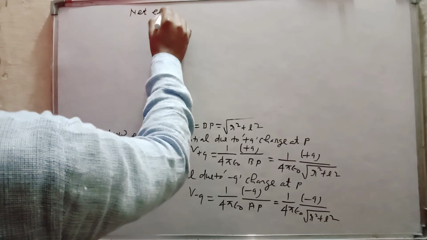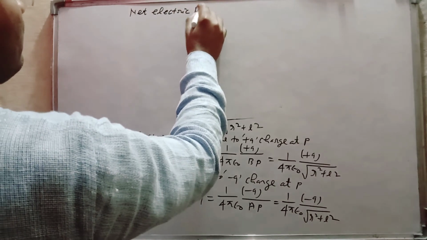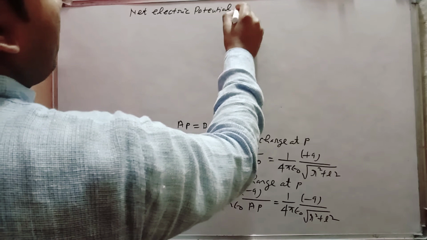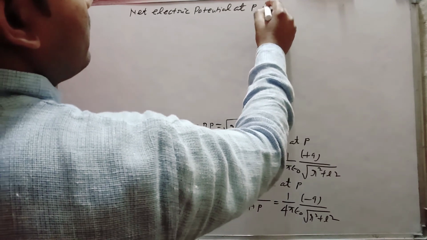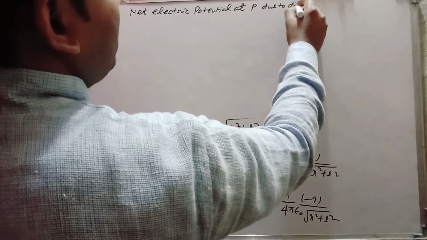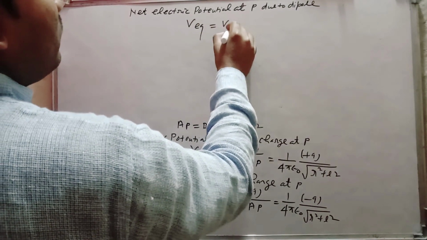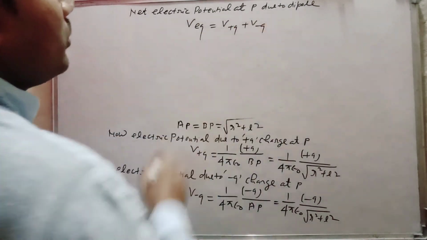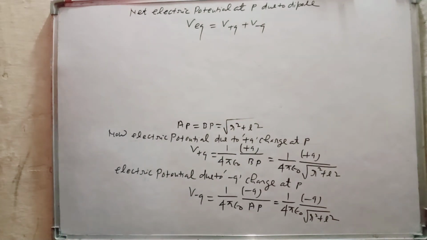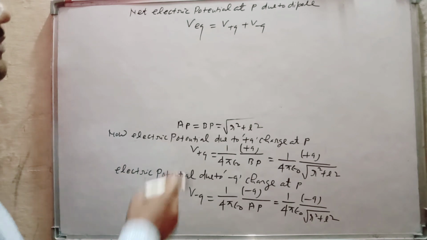Net electric potential at P due to the dipole, V equatorial, is V plus Q plus V minus Q. Since electrostatic potential is a scalar quantity, it is added as simple mathematics.